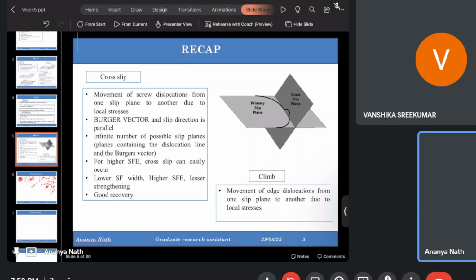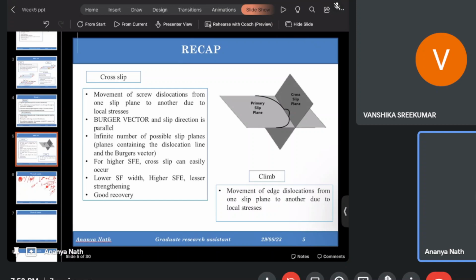So for normal condition, for heat treatable alloys or for an alloy at normal condition, it will give rise to less strengthening or ductility due to the movement of dislocation.